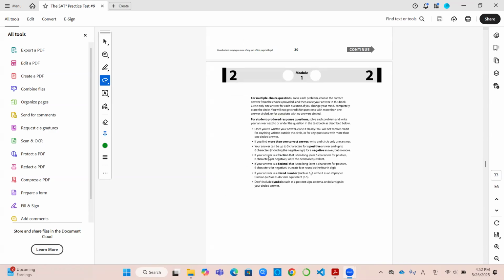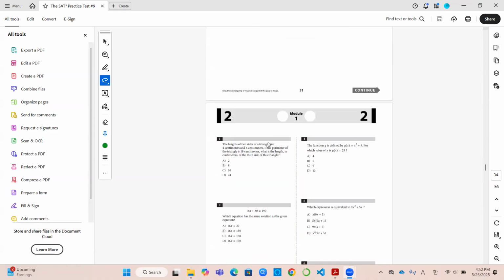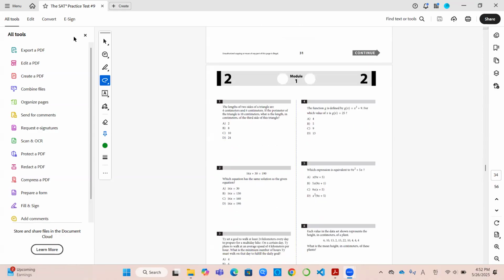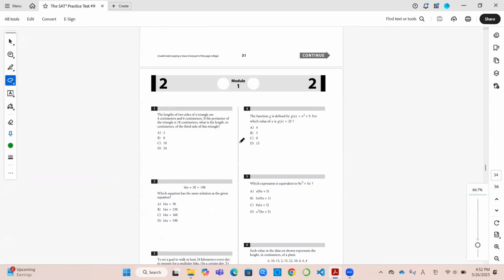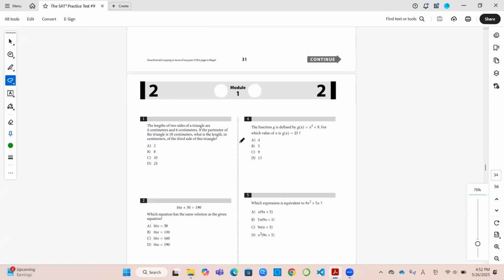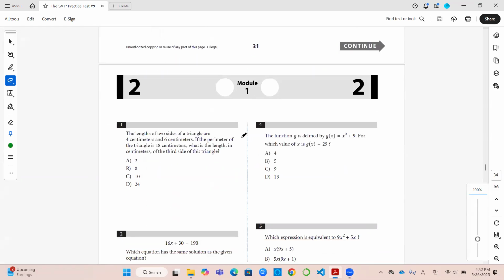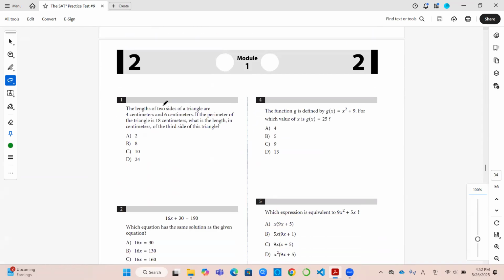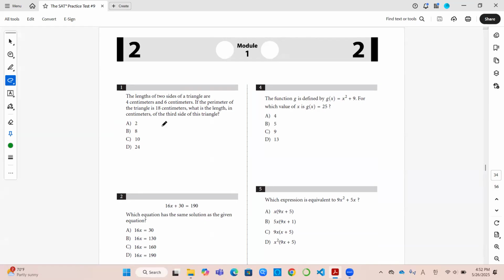Okay, so the lengths of two sides of a triangle are 4 centimeters and 6 centimeters. If the perimeter of the triangle is 18 centimeters, what is the length in centimeters of the third side of this triangle? All you got to do is just add up the sides.